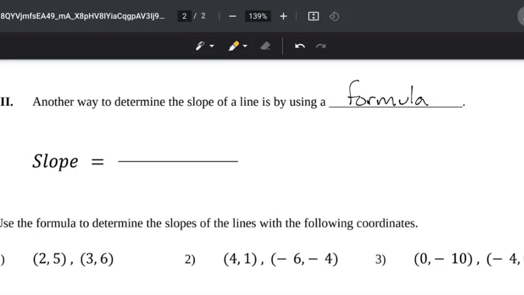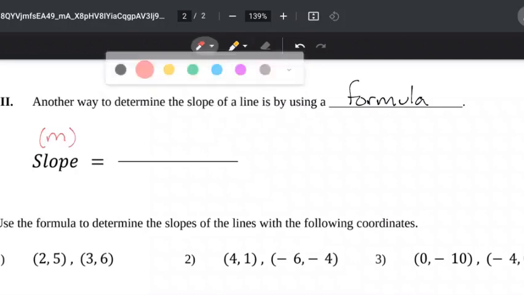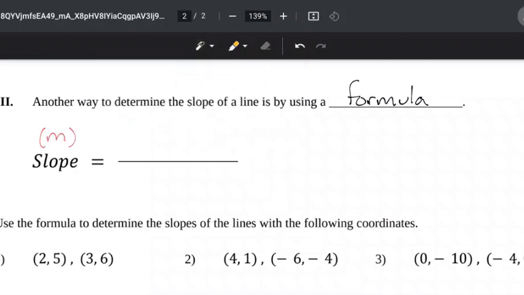Again, slope is represented by the letter M. We'll be using that a lot in the future. And the top, remember, is our change in y. And mathematically, this is represented by subtracting y2 minus y1.